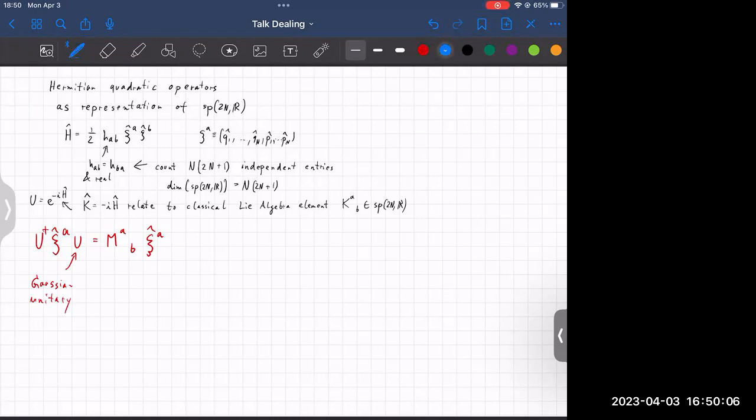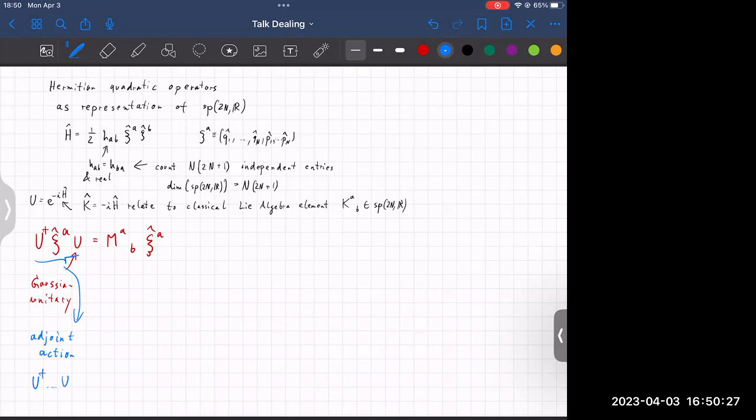Now, if I have that on two sides, I guess I can call this the adjoint action. Whenever you have something like U dagger times something times U, this is the adjoint action because you have the inverse times the other one.